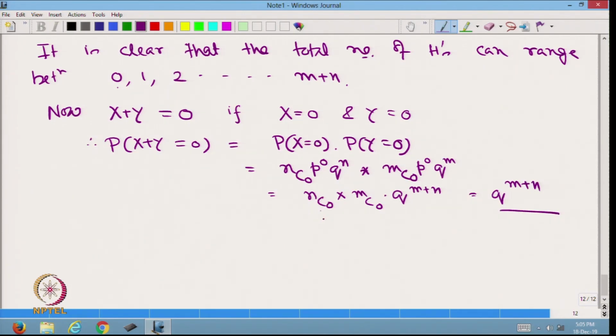Since n c 0 is equal to 1 and m c 0 is equal to 1.